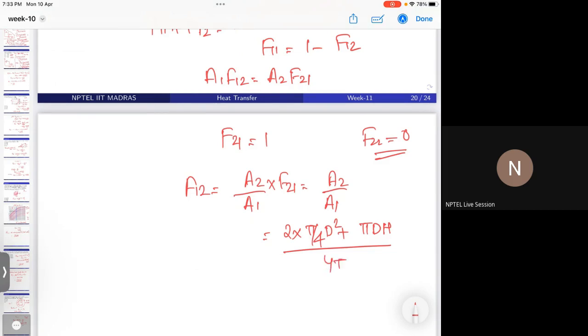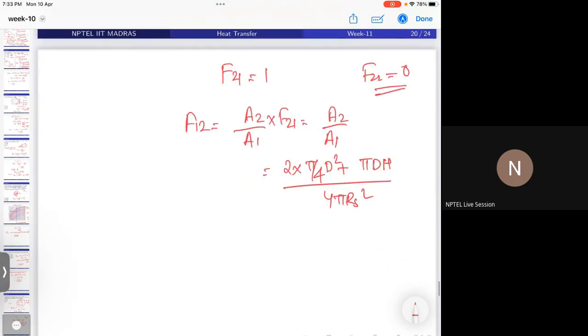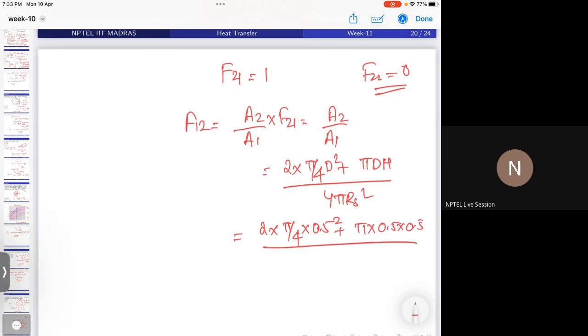So if you calculate 2 into pi by 4 into 0.5 the whole square plus pi into 0.5 into 0.5, the whole divided by 4 pi into, what is the radius? Diameter is given 1, so radius is 0.5 square.